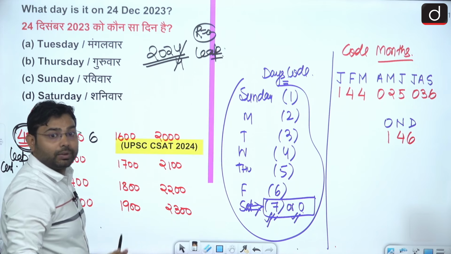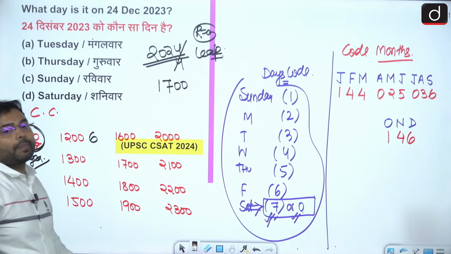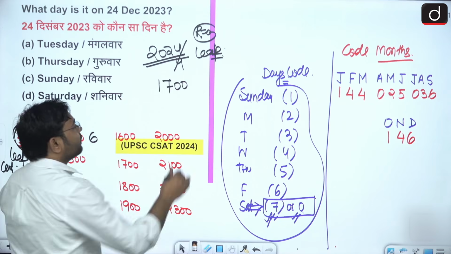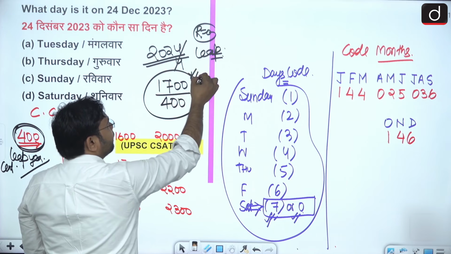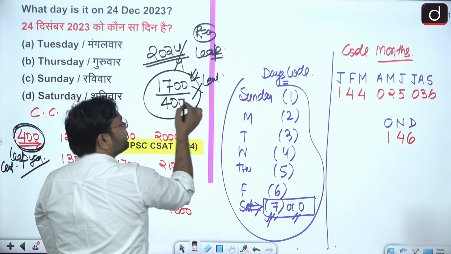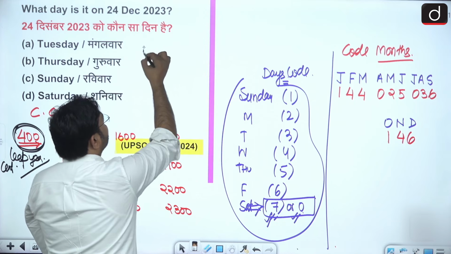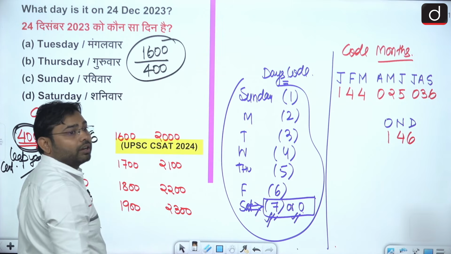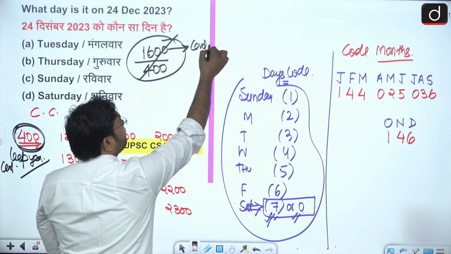But 1700 is divisible by 4, but it is not a leap year. If this is a century year, and if the century is divisible by 400, then this is a century leap year, and otherwise this is a century normal year. But if it is 1600 and you divide 1600 by 400, this is divisible, so you can say 1600 is a century leap year.